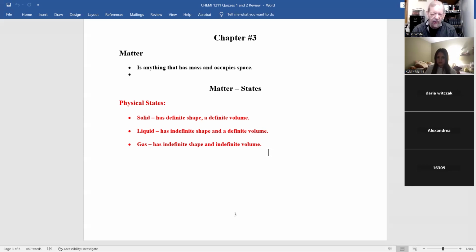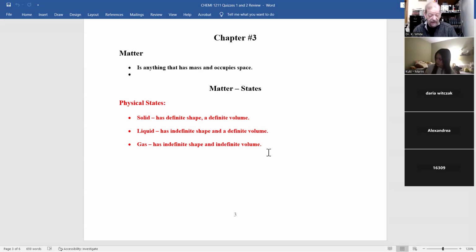You should know that a solid has definite shape and definite volume. A liquid has indefinite shape, but definite volume. And finally, a gas has indefinite shape and indefinite volume.